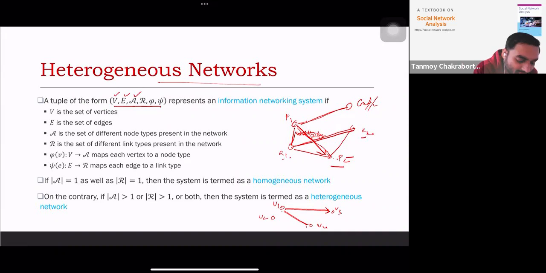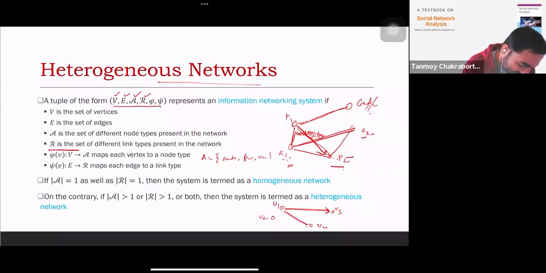In this case, the types of nodes are authors, papers, venues. So A is a set that indicates the types of nodes: author, paper. R is a set of types of links.